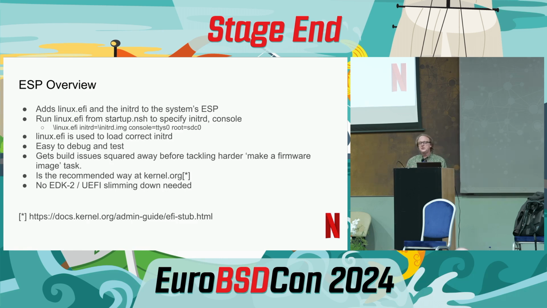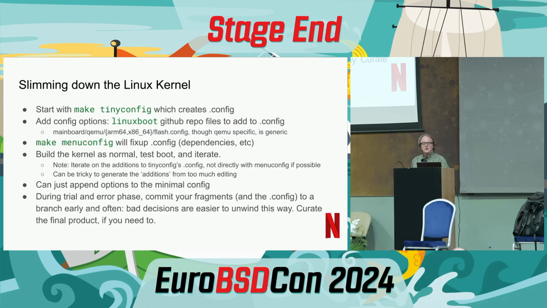It lets you get the Linux kernel working on your hardware, because when you slim it down, you might have forgotten drivers you need. And it also lets you get the initrd script in the final form. Oftentimes you can debug most of it with a VM or a QEMU or something like that, but it always helps to be able to do the final debugging on actual real hardware, but before you try to do the slimming down that I'll talk about.